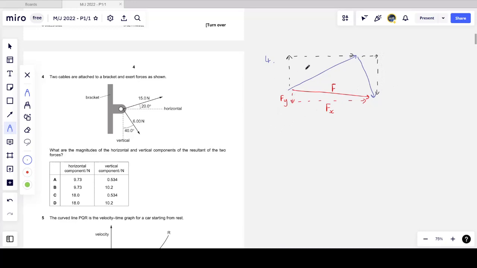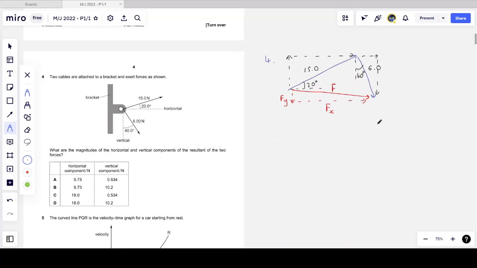So what I have is that this is 15 newtons, that is 6 newtons, and then with a little bit of geometry, I have an angle here that's 40 degrees to the vertical. And if I draw a horizontal for the first force, the 15 Newton force, the angle is 20 degrees. So a lot of mathematics going on here.